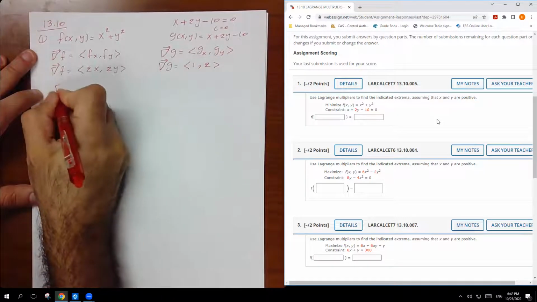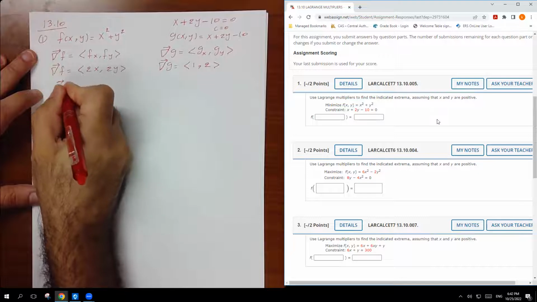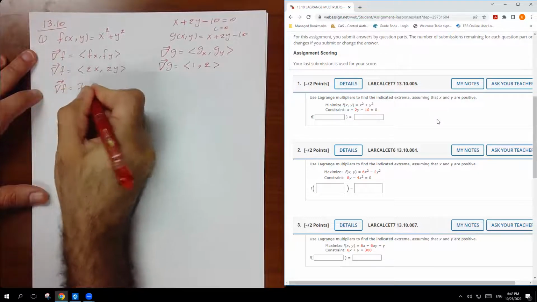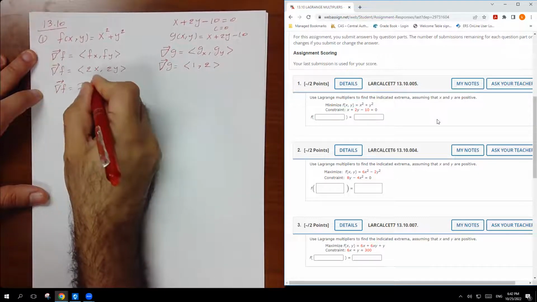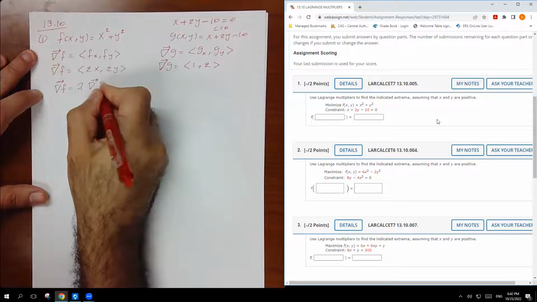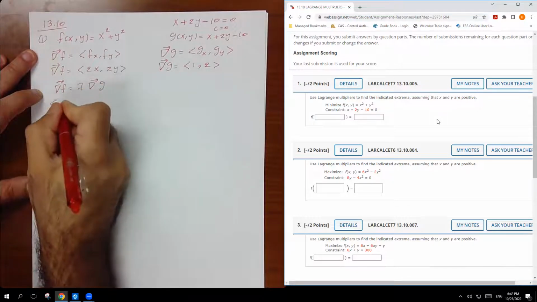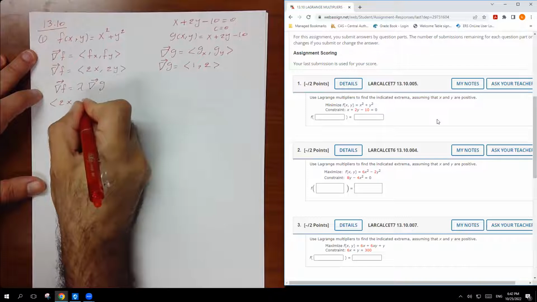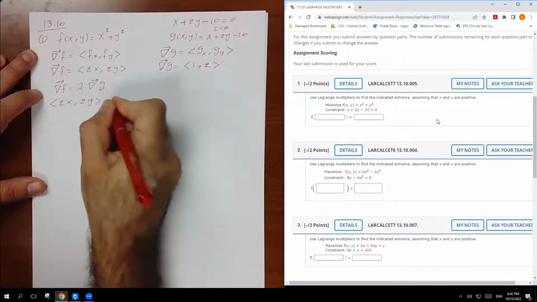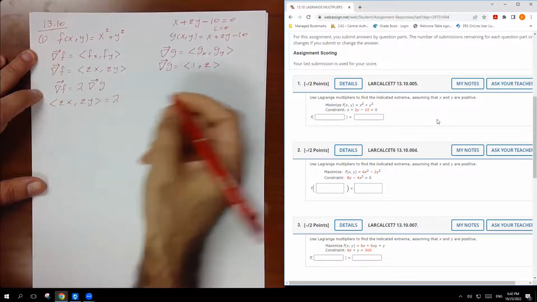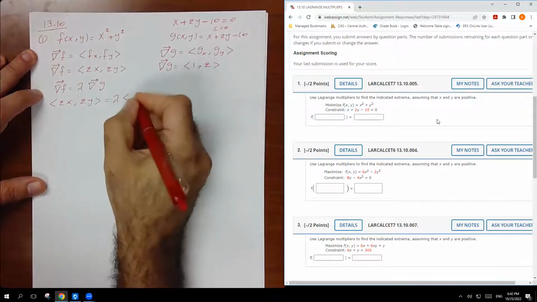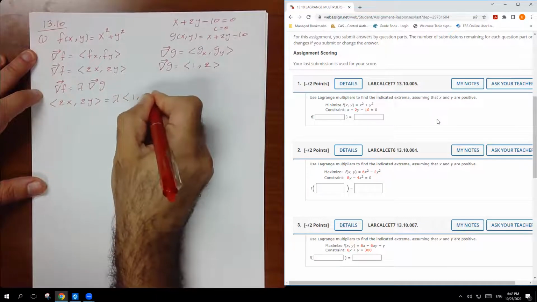Now, the gradient of f equals lambda times the gradient of g. I'm going to find two equations. That means (2x, 2y) is going to equal lambda times (1, 2).